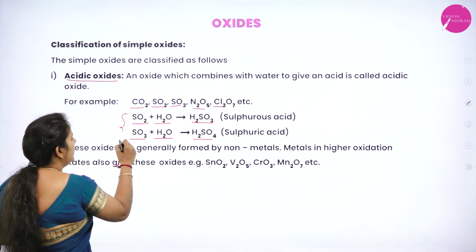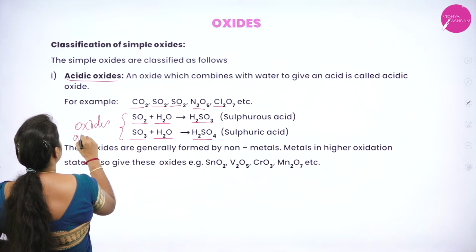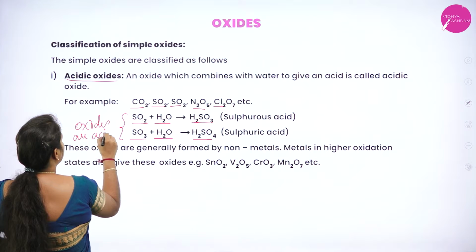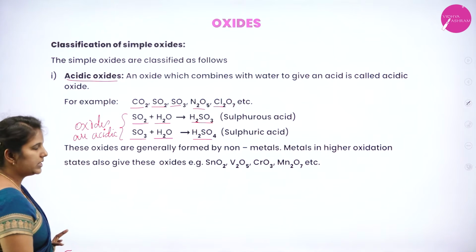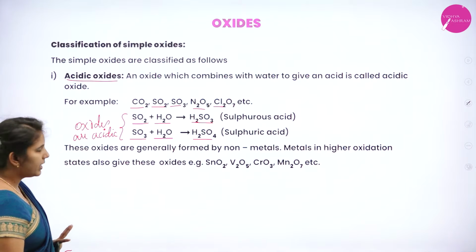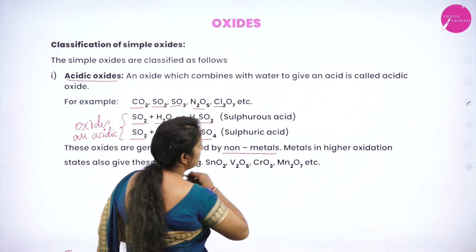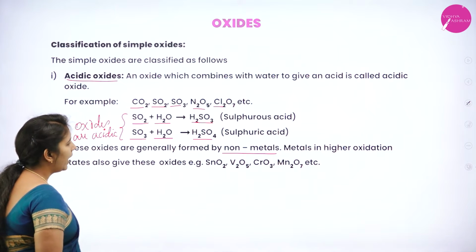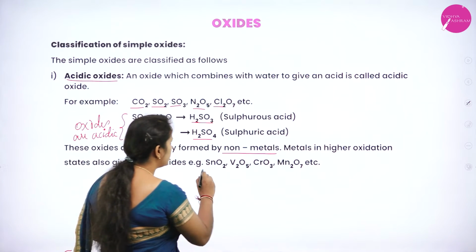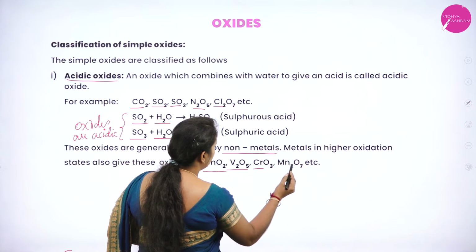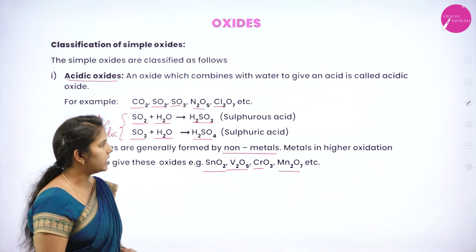This indicates that these oxides are acidic in nature, as you can see that they form sulfurous acid and sulfuric acid. These oxides are generally formed by non-metals, and metals with a higher oxidation state can also give these oxides, for example, stannous oxide, vanadium pentoxide, chromic oxide and manganese oxides, etc.